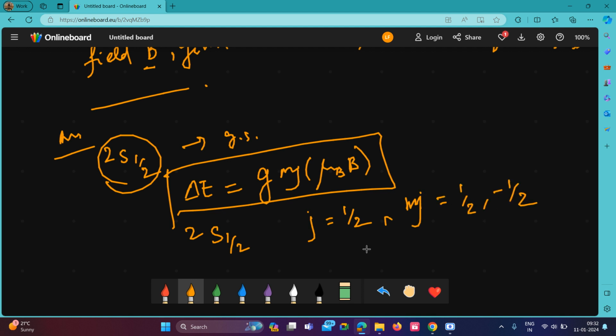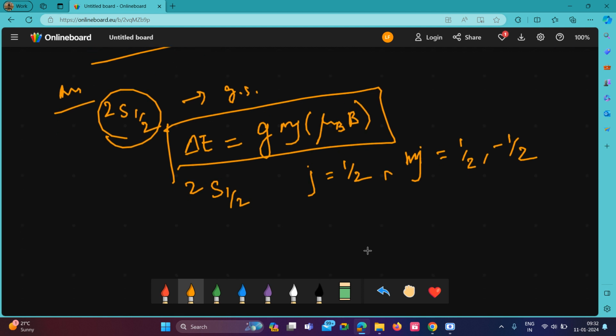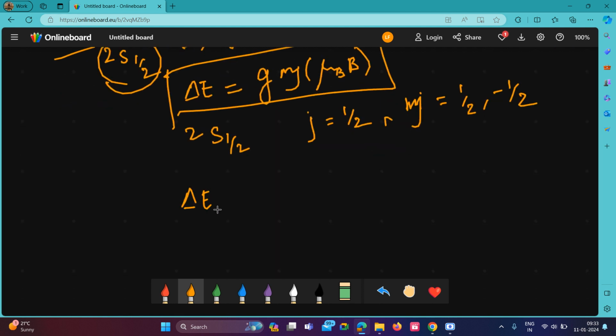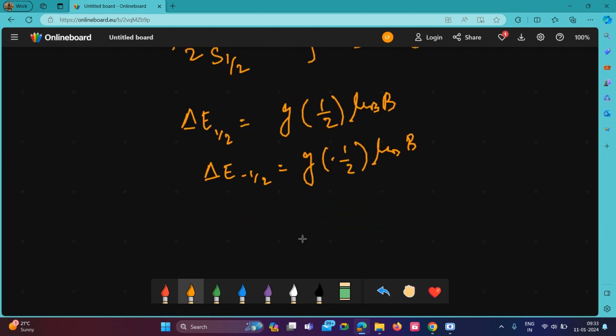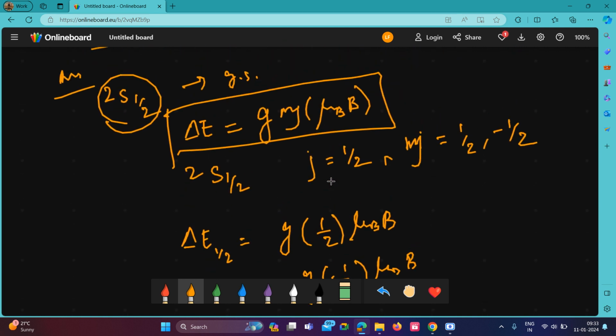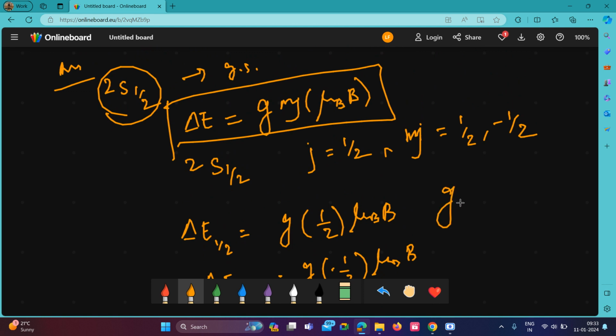The energy shift for Mj equal to half is G into half mu B B. For minus half it is G into minus half mu B B. G is the Lande factor, and its value is 2.